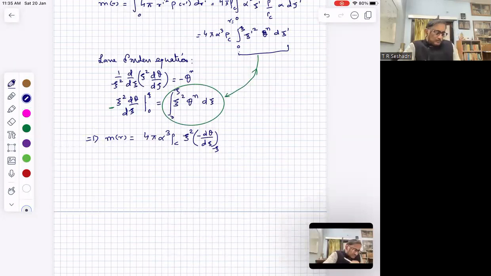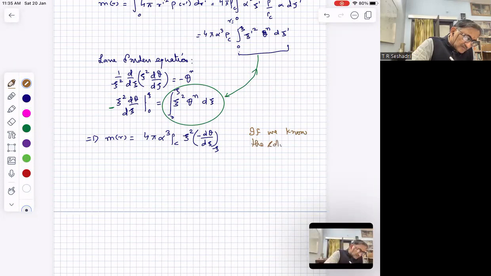Now, this you know, because if we know the solution for theta versus xi, we also know d theta versus d xi.